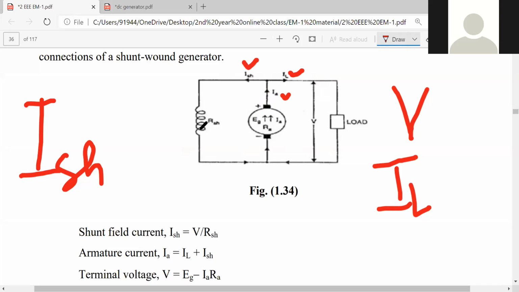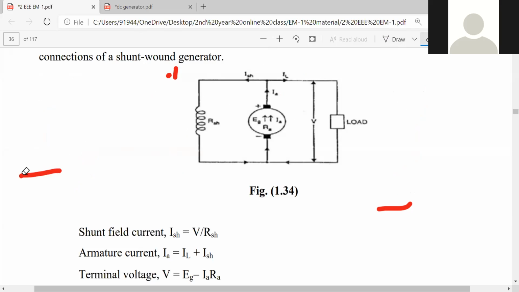There are three circuits: the field circuit, armature circuit and load circuit. The voltage is the same because the three are connected in parallel, represented with V. Suppose you want to calculate the current through the field circuit, the ISH value.